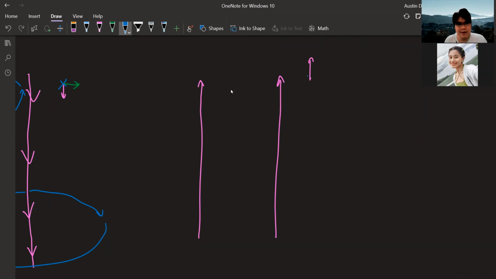Into the page. Therefore, the magnetic force is to the left. Then for the left current, we have this.